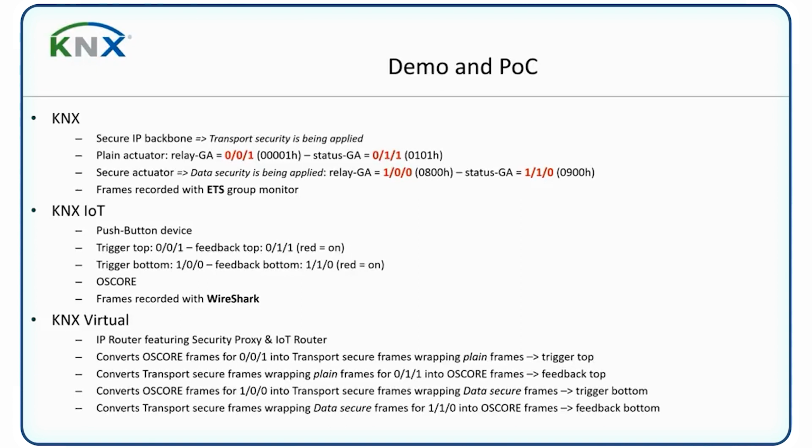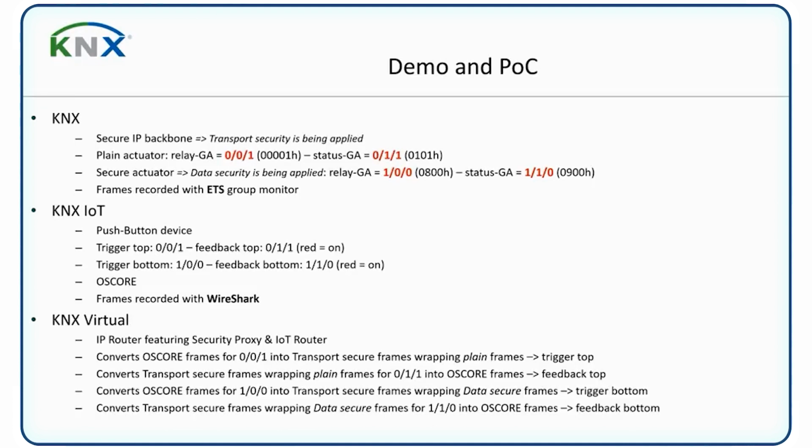So that, let's say, the IoT device is indeed able to operate those two different actuators. So one being plain, the other one being secure, and all of that runs also over a secure IP backbone. So these are, let me say, already 4 different security aspects. There's the IoT device as such using OSCORE as technology.